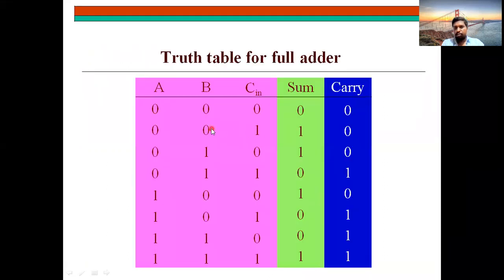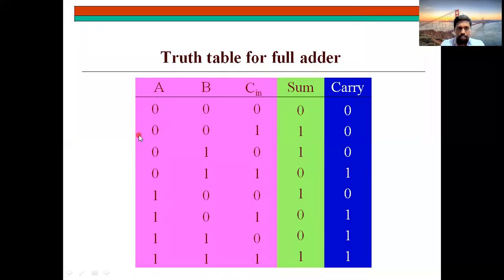Next, the same truth table. We now have three input variables, so we take 8 combinations. When you perform addition between these three inputs, A, B, and C in, you will get the required sum values and carry values, same as before.